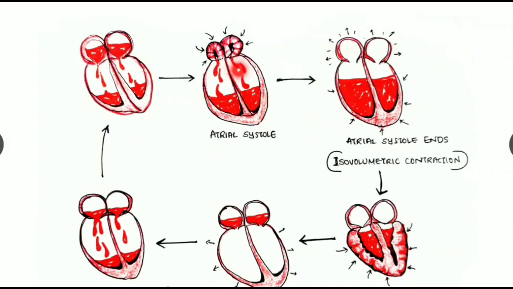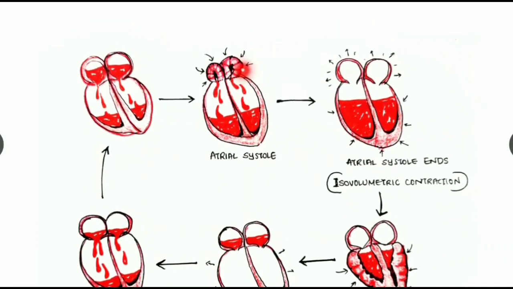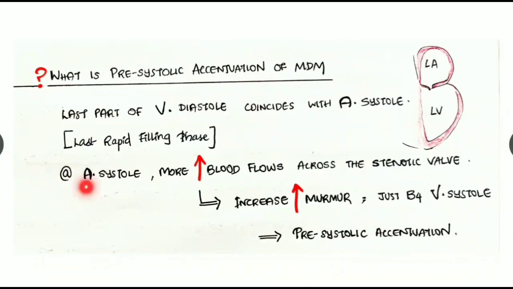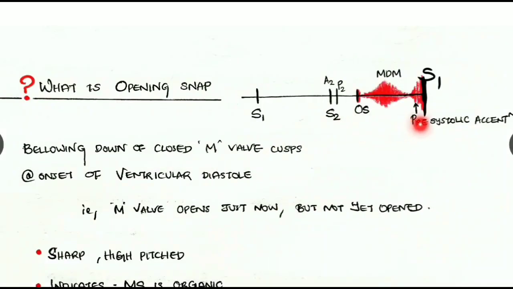So in this atrial contraction, more blood is flowing across the mitral valve, and more noise of the murmur is heard during this atrial systole. So here at the atrial systole, more amount of blood flows across that stenotic valve. So hence there is increased murmur just before the ventricular systole, and hence it is pre-systolic accentuation, that is pre-ventricular systolic accentuation.